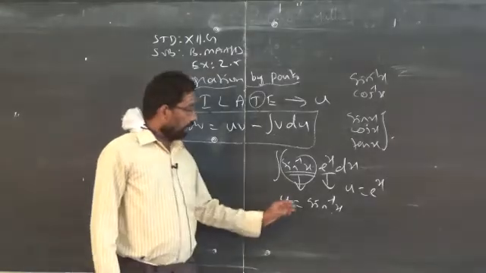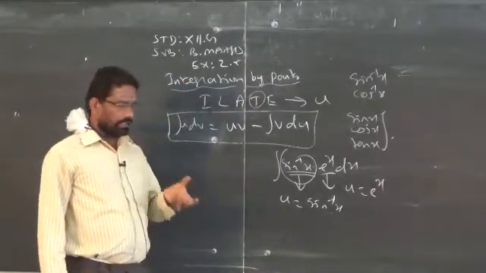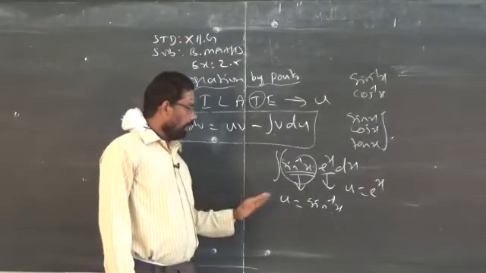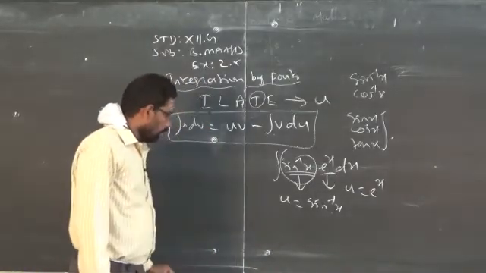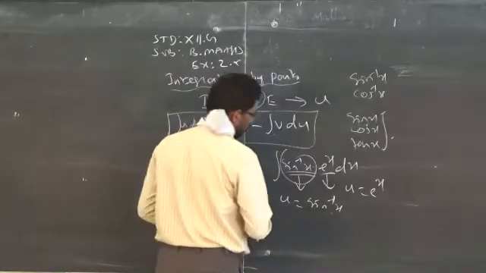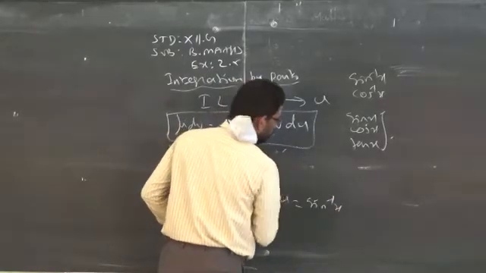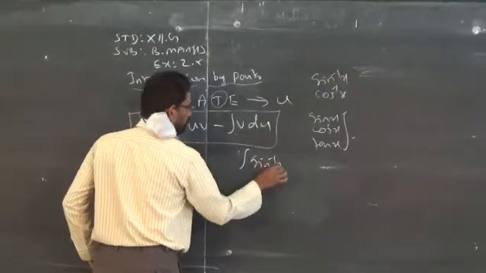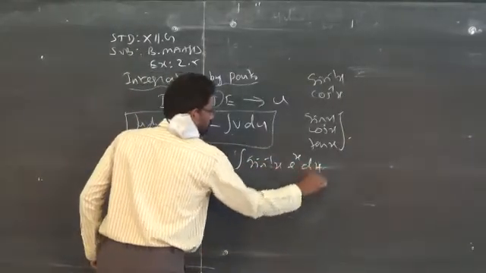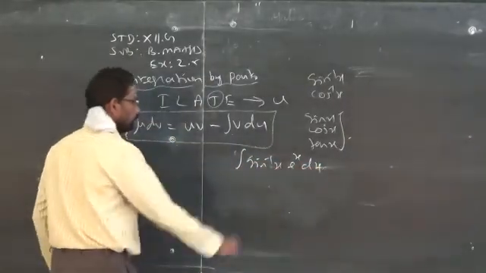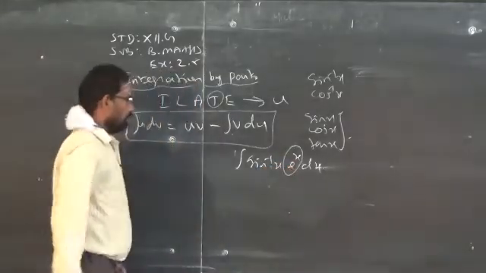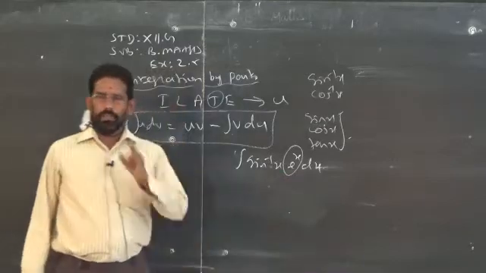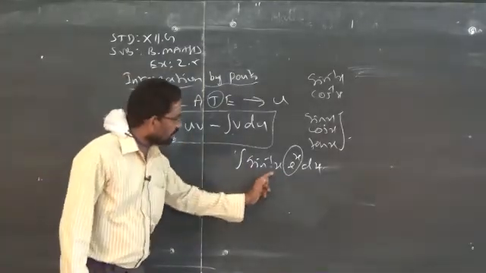This is a simple method, but the actual method is that you consider U as the one which is differentiable. Out of these two factors in the same question, integral of sine inverse of x into e power x dx, you have the formula for both integration and differentiation of e power x, but we don't have a formula to integrate sine inverse of x.